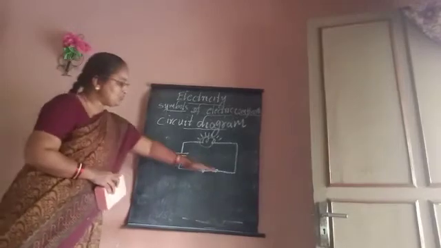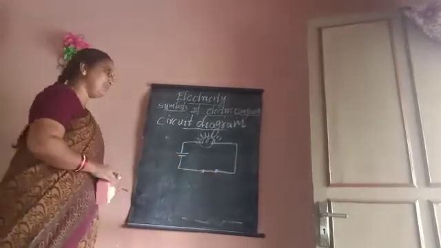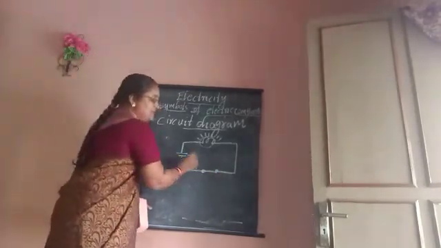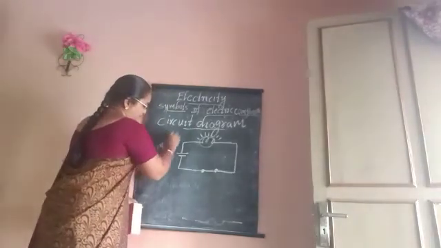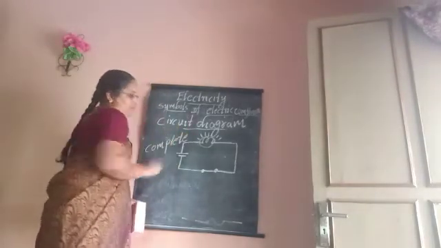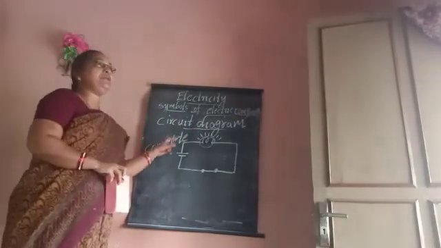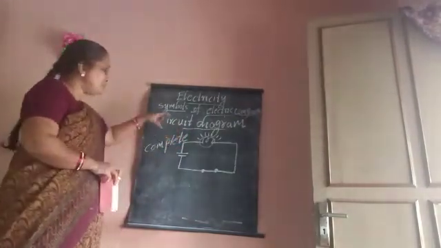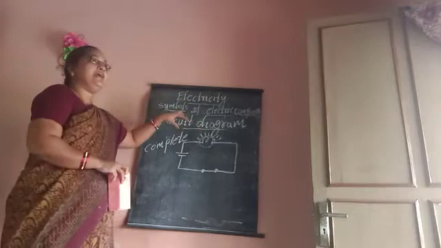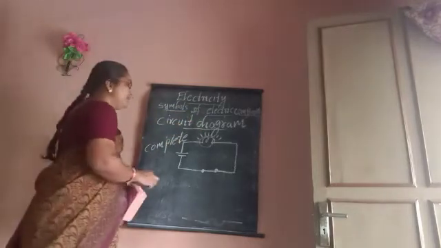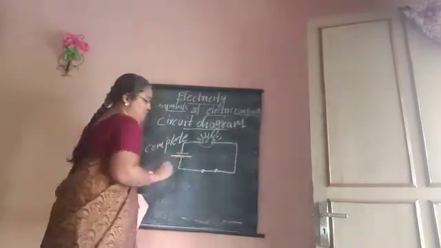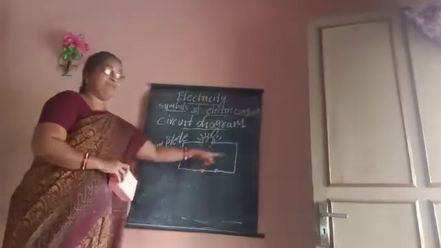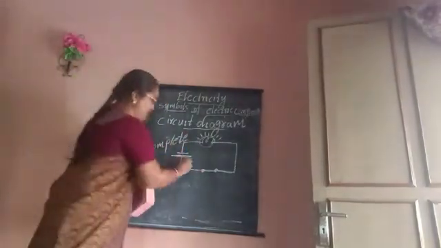Okay, if the switch is on, the circuit is said to be a complete circuit. So in this circuit, electricity will flow from the positive terminal of the cell to the negative terminal of the cell.